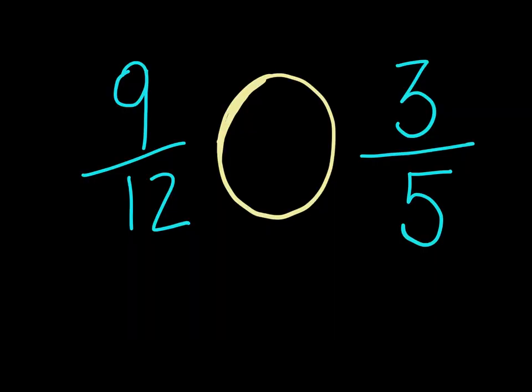The next one, we have 9/12 is greater than, less than, or equal to 3/5. If I use one of the methods that we've been learning, 9/12, and I try to change that to match the numerator on the other side, I can divide the top and the bottom by a common number, which would be 3, because that's what they both have in common. 3 can go into 9 3 times. 3 can go into 12 4 times.